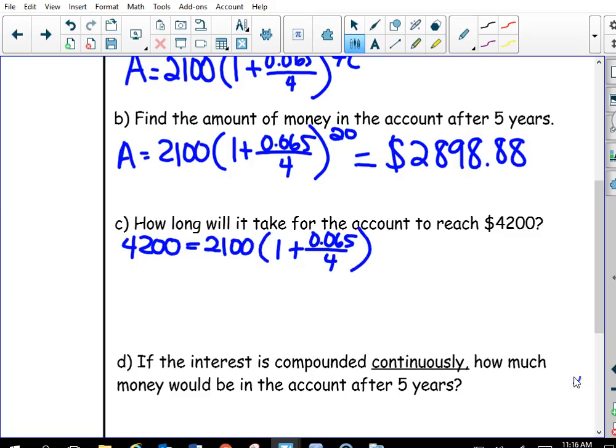All right, so we're still compounding quarterly, so that's 4t. The first thing we're going to do is get the base of that exponent by itself by dividing by 2,100. And what do we get? 4,200 divided by 2,100 is exactly 2.